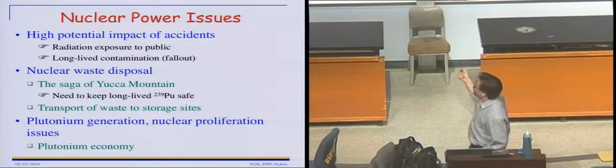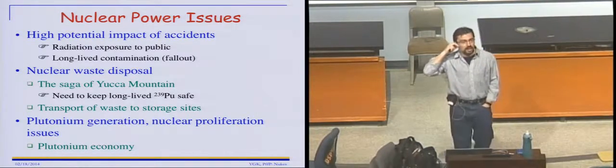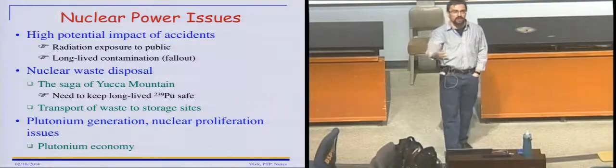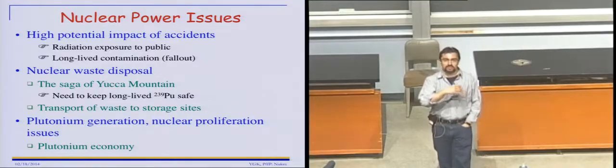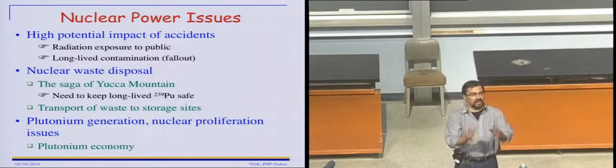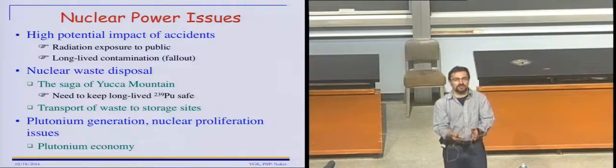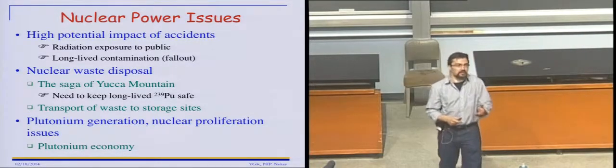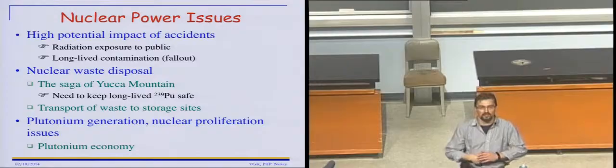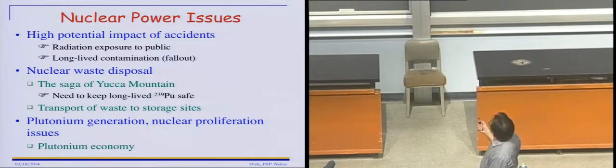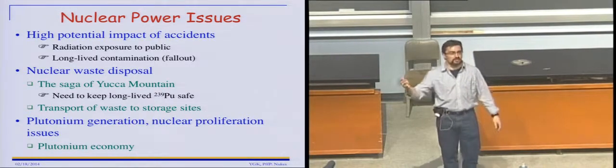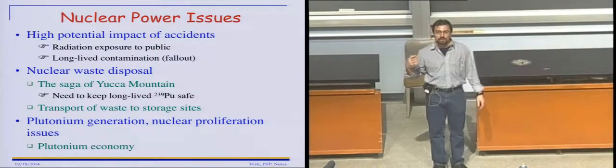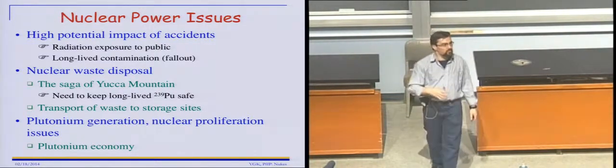The other issue is that, again, nuclear power is safe as long as you take all of the appropriate precautions, and in particular, it produces no waste into the environment if you contain the nuclear fission materials that are produced in the core. These reactors do produce waste. They produce radioactive isotopes that need to be contained and then stored somewhere. For example, this long-lived plutonium-239 either needs to be reprocessed into fuel, that's what the French and Russians do, or, the US does not allow reprocessing of spent nuclear fuel.